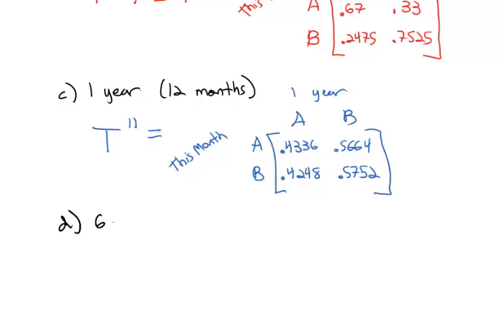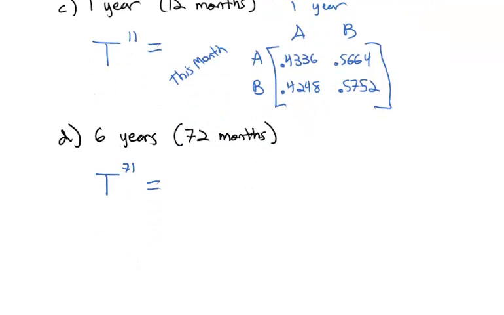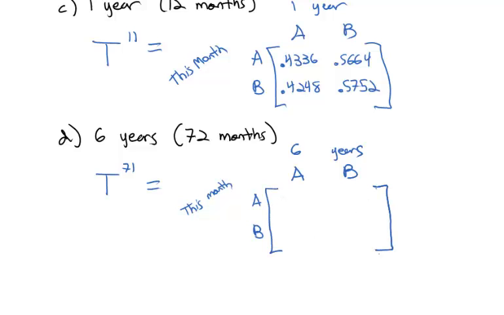Let's look at what happens after 6 years. 6 years, 6 times 12 is 72 months, which means we need to take our transition vector to the 71st power, one less, to look at this month, A and B, to find out what the market share is.